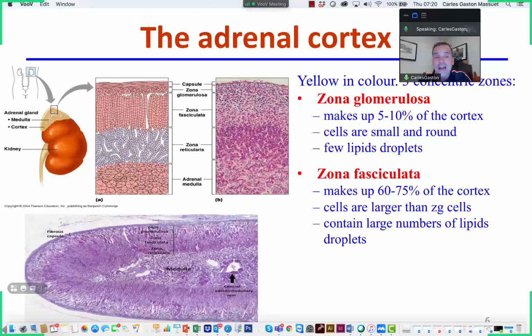Cells are large and contain a large number of lipid droplets. And why lipid droplets? As we are going to study, steroid hormones are lipidic or hydrophobic, right? Compared to the other hormones, which are hydrophilic, these ones are hydrophobic, right?